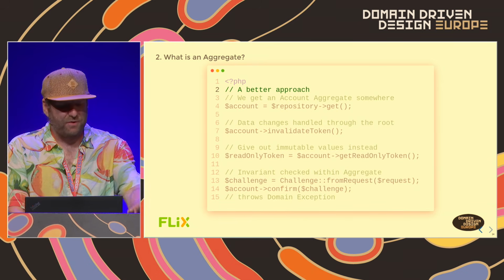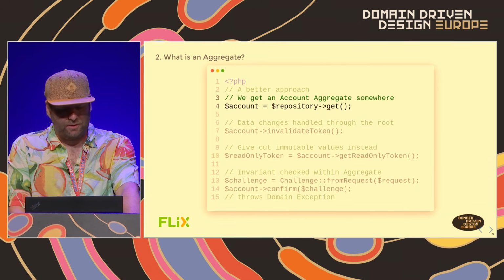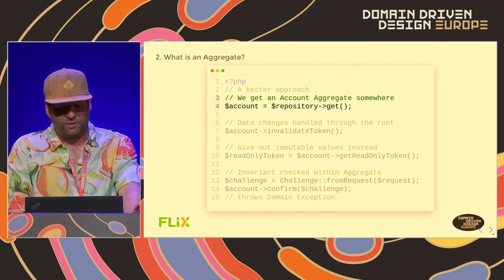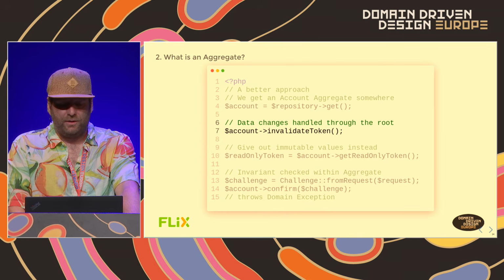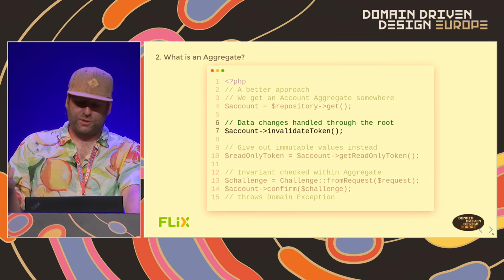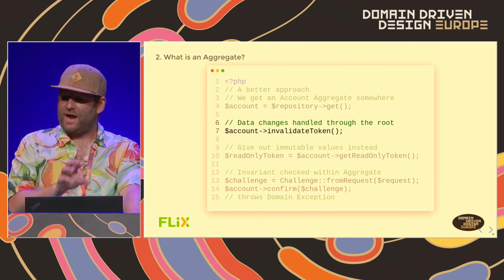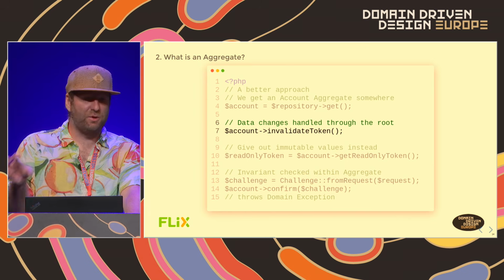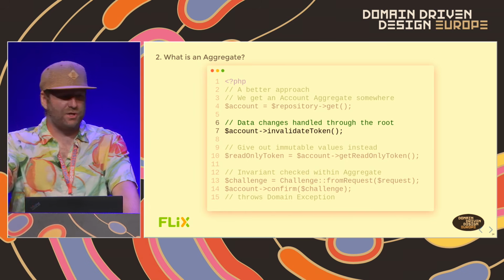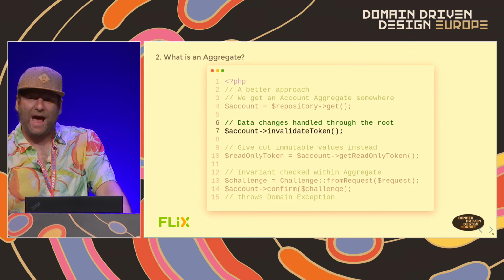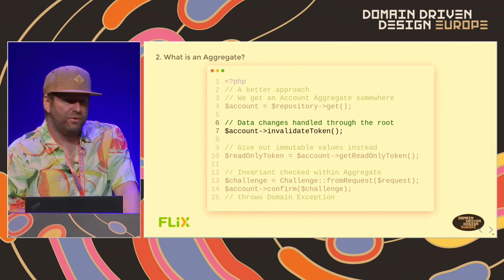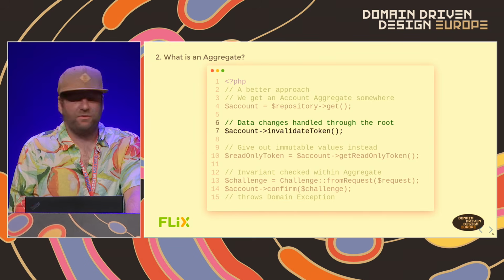So what are some better approaches here? Again, we get the account aggregate from some repository. And now we invalidate the token through the account aggregate root, right? We're not exposing the token, but we're actually calling the operation. And the implementation of the aggregate is responsible for processing this data change.